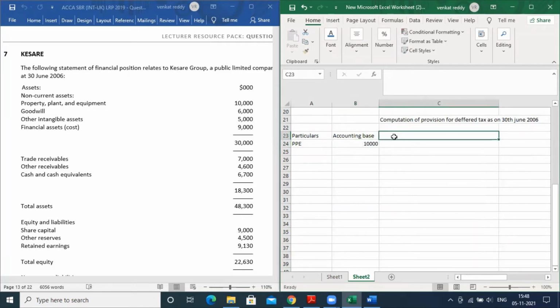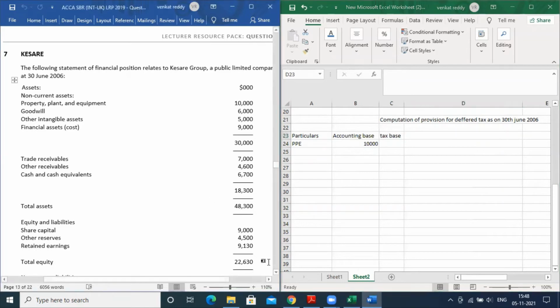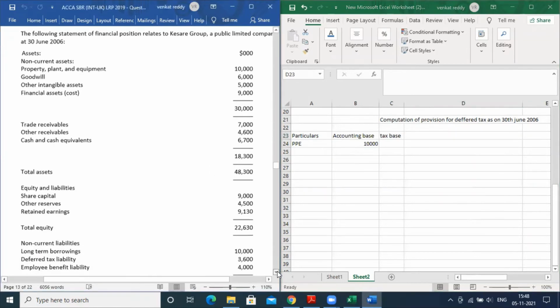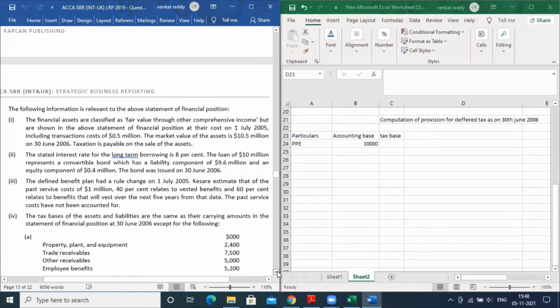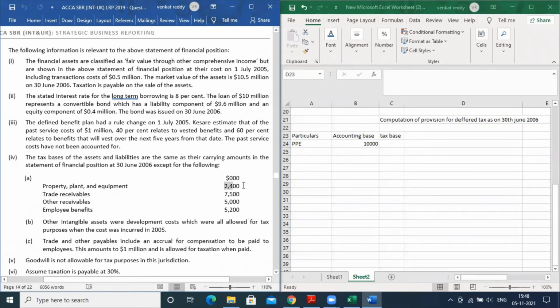And as per tax base, now as per tax base, we'll see the adjustments. The value of property, plant and equipment as per tax base, they gave it as 2,400.